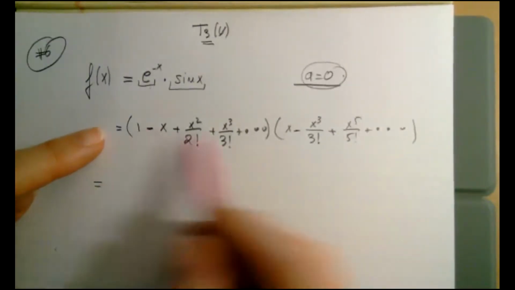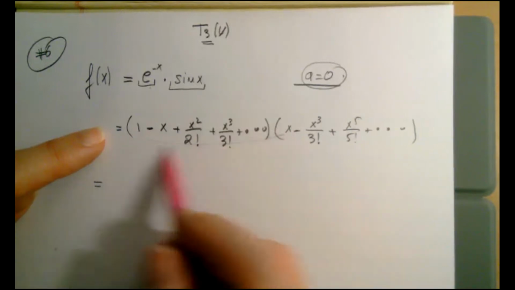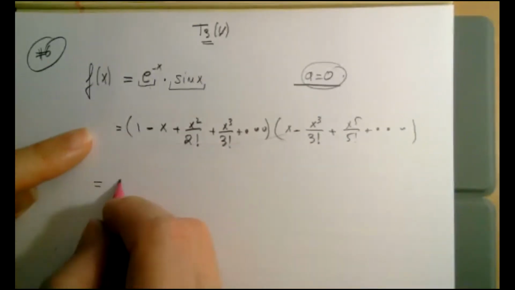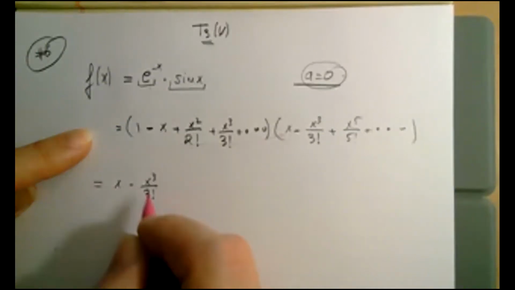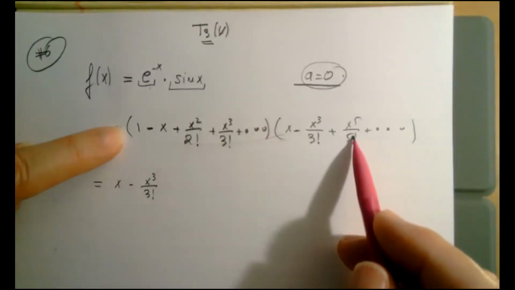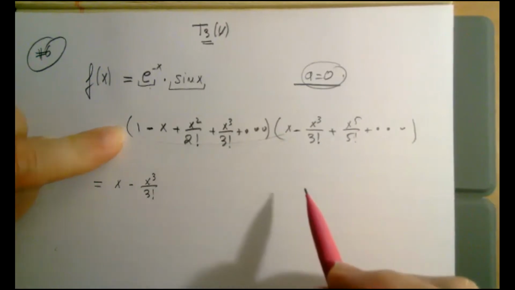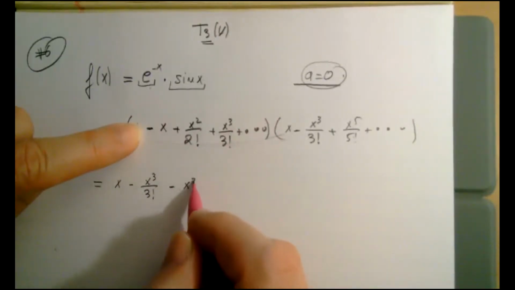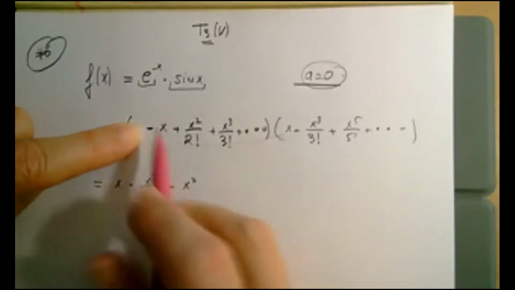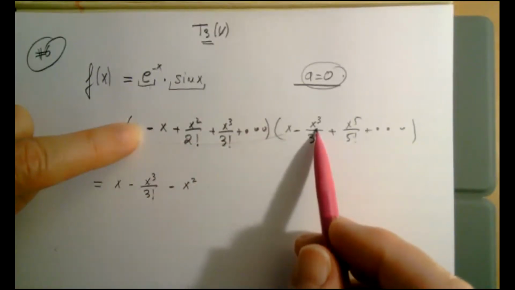So I multiply. I distribute. I'm going to get x minus x cubed over 3 factorial. The x to the fifth term I don't care about because I want the degree of order 3. Now I proceed. Minus x squared. And do I need x times x cubed?